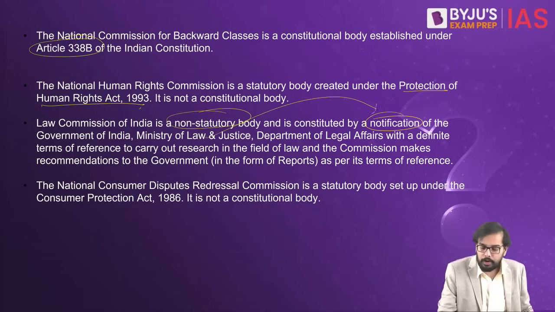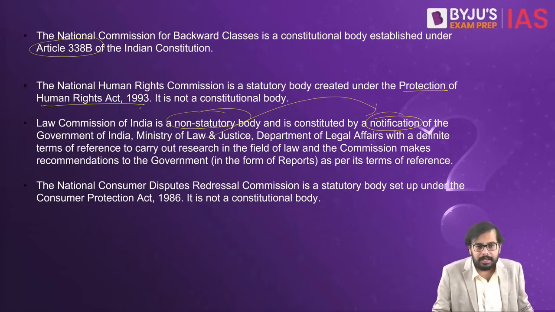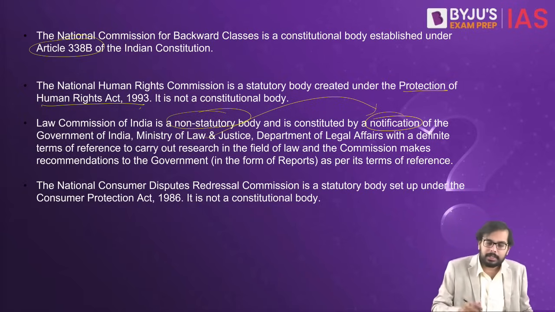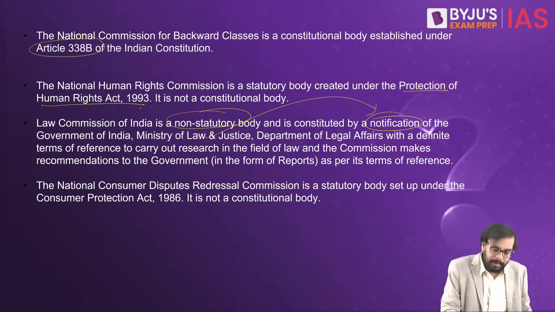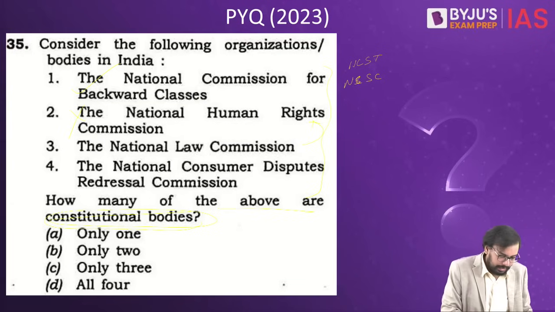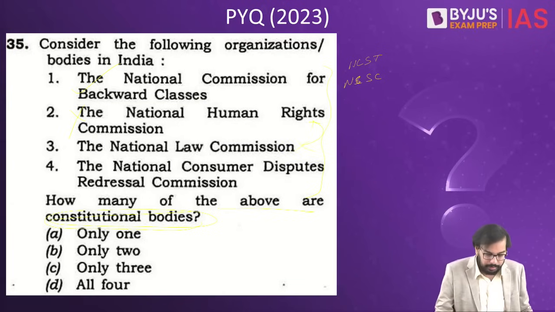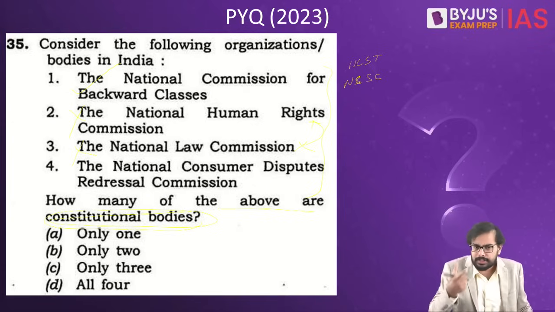The Ministry of Law gives a notification, and based on that, the National Law Commission is established. It's a pure executive body based on a notification by the Ministry of Law. So the third statement is wrong, because the National Law Commission is an executive body. It's not even a statutory body.